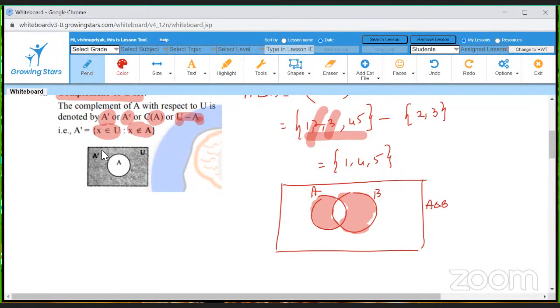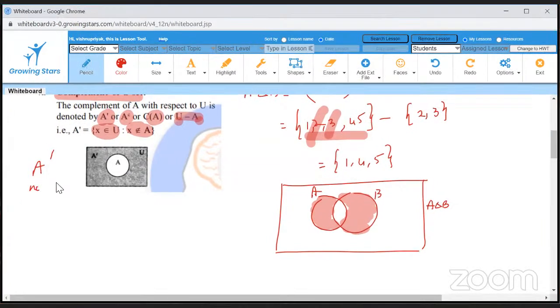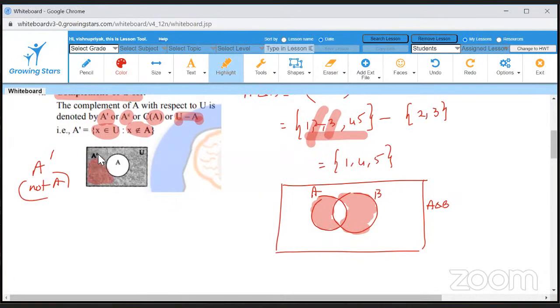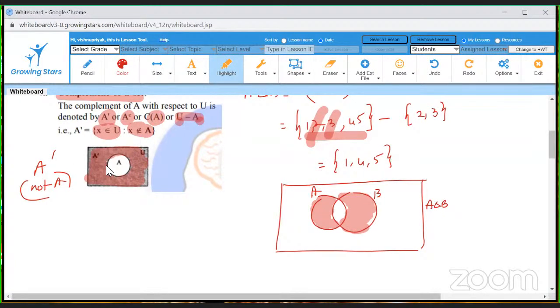Or in short, A dash means not A. You did not shade A; everything else you have shaded. Only A you did not shade. Not A. That is A complement.